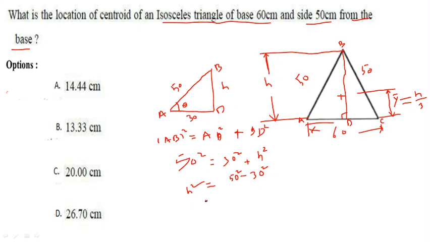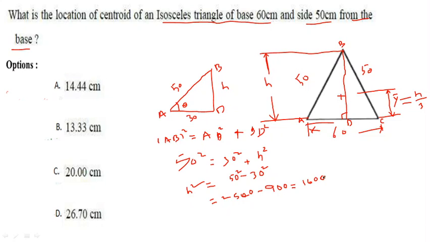50 square is nothing but 2500, right? And 30 square is nothing but 900. If we deduct 900 from 2500, we will get 1600.